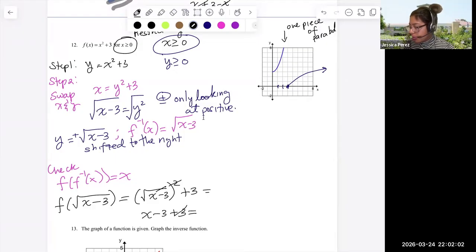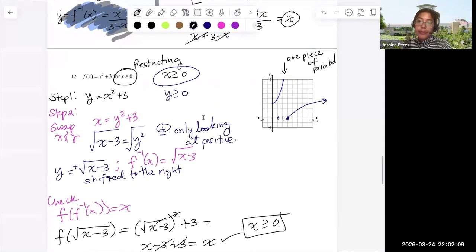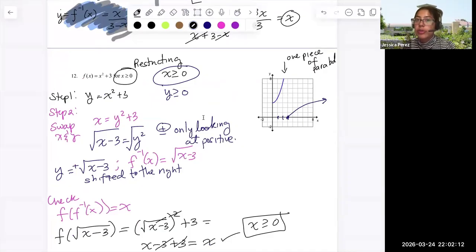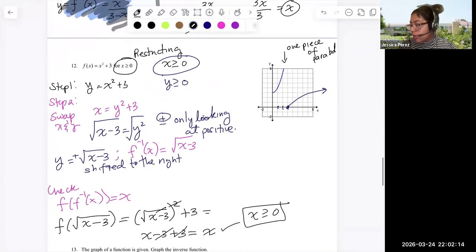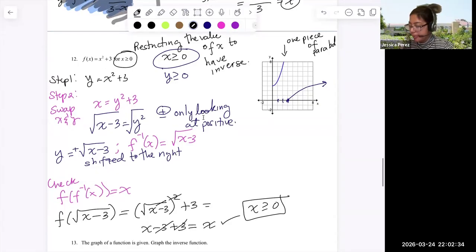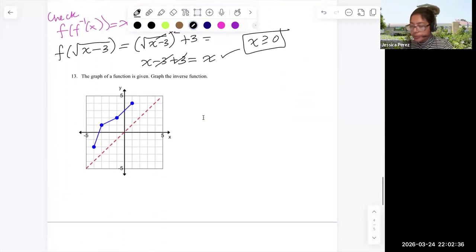The 3's will cancel and I will get x. Well, remember, x has to be greater than or equal to 0. So in order for me to have an inverse, I do have to restrict the domain for a quadratic. Restrict the value of x to have an inverse. Because if we don't restrict that domain, then we have a plus or minus where it's the danger. But if we are only going to look at the positive value, then we will have an inverse.